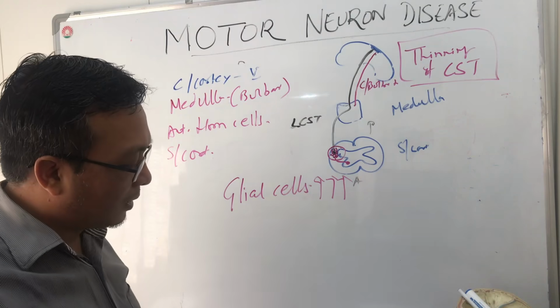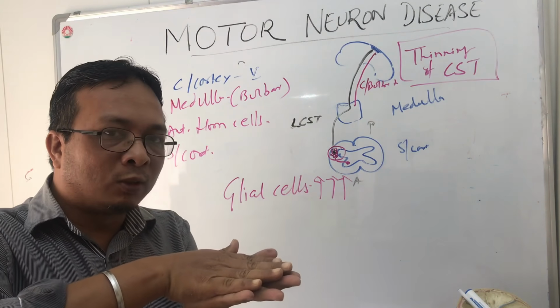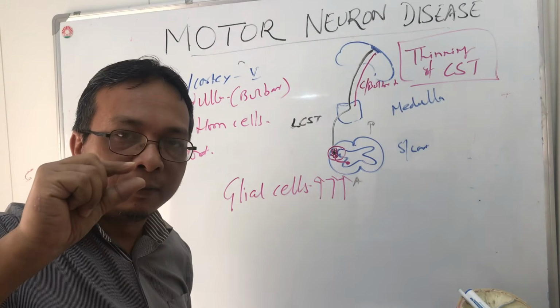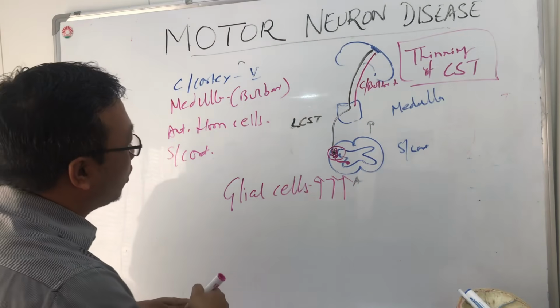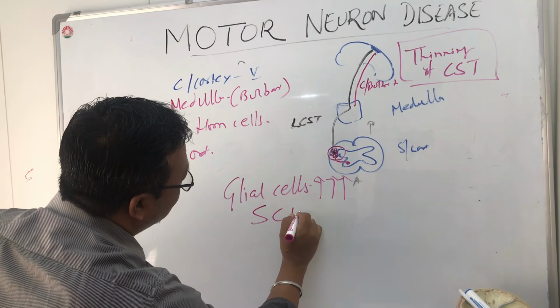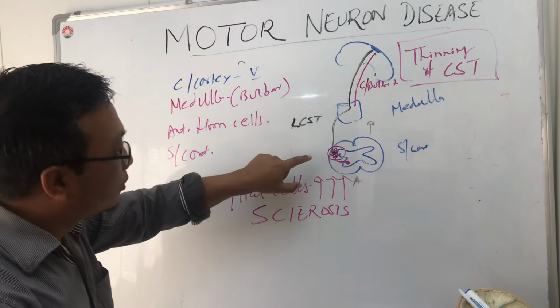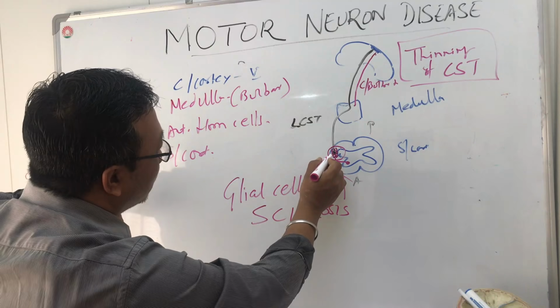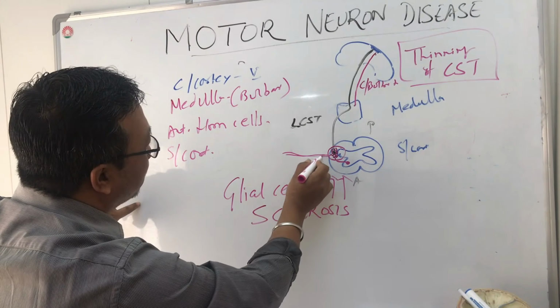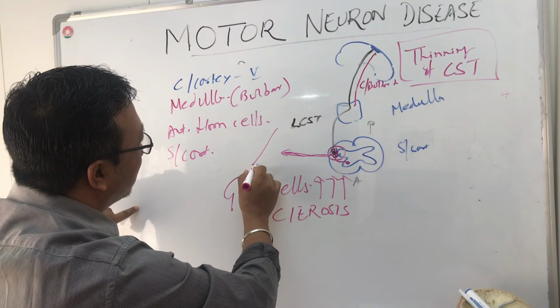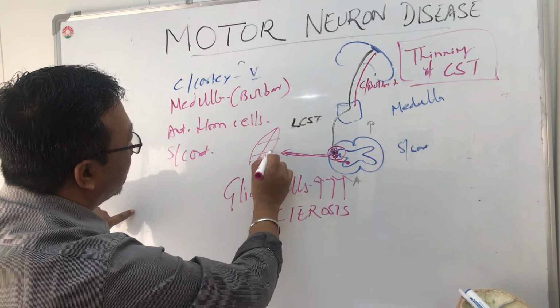So when the glial cells increase in volume, what will happen? This part will become thick, and when it becomes thick, we call it sclerosis. So these anterior horn cells are involved, supplying the peripheral nerve, which supplies the muscle bulk.